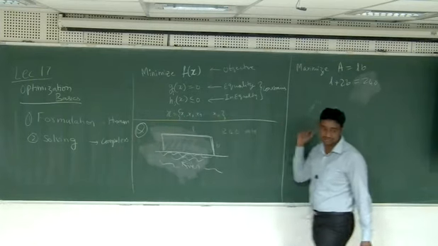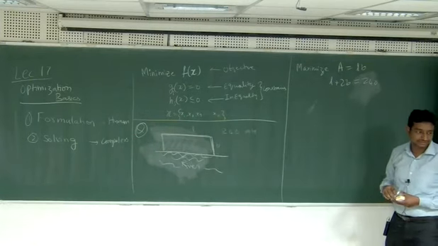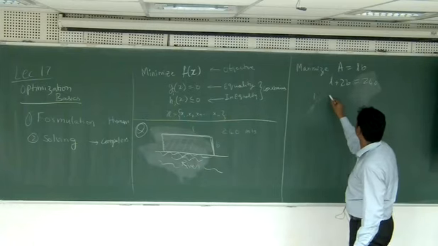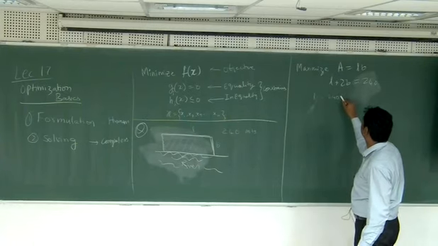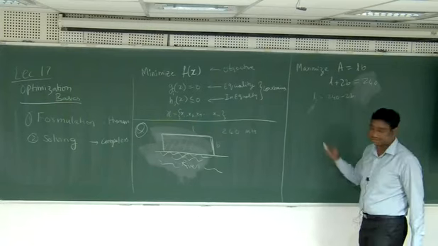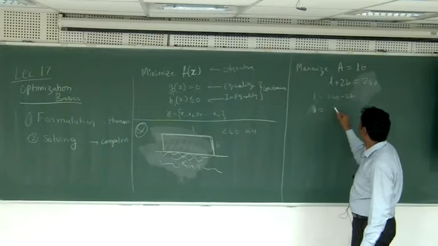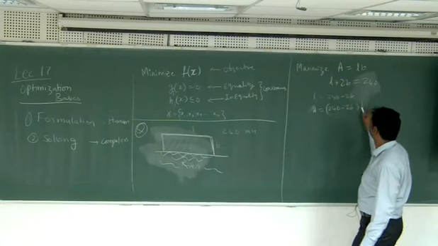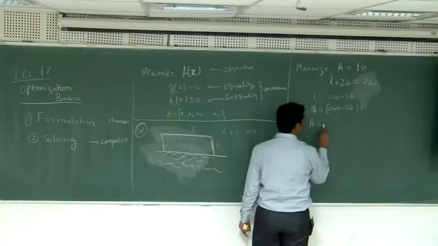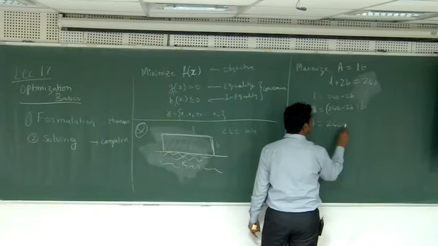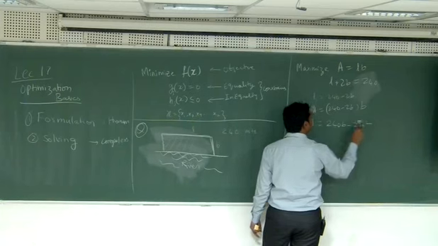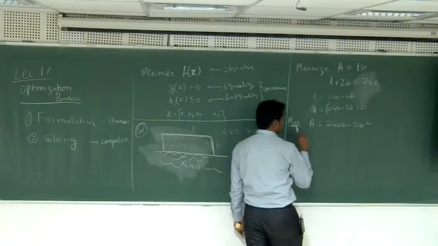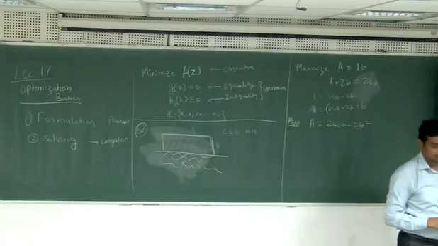If you want to solve it, how will you solve it? Okay, so L equal to 240 minus 2b. Then A equal to (240 minus 2b) into b, and A equal to 240b minus 2b square. So this one I want to maximize. So what is the next step?